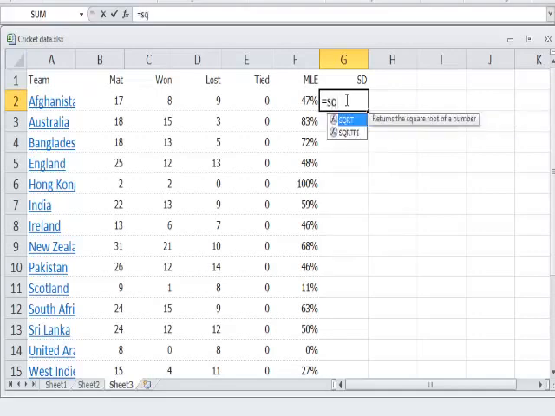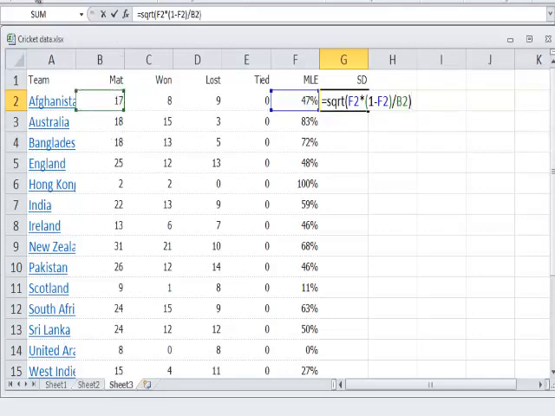Square root of P times 1 minus P divided by n. What is n going to be? It's going to be the total number of matches played.